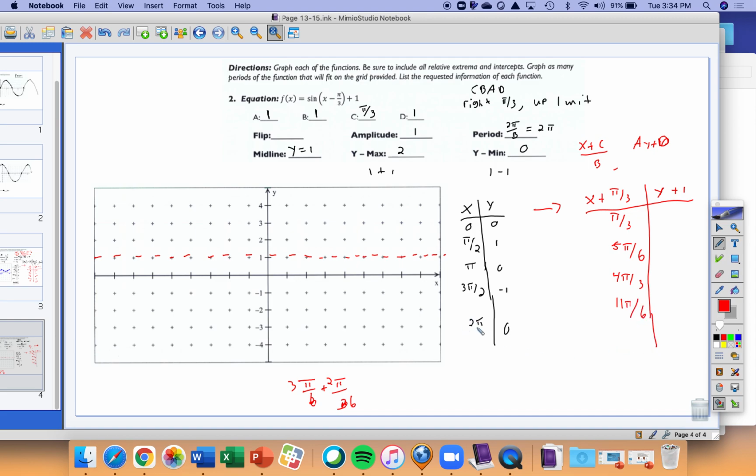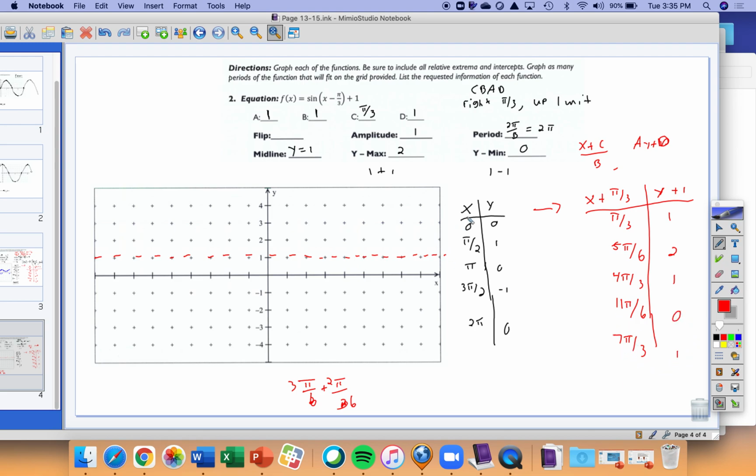And then 2 pi plus pi over 3 becomes 7 pi over 3. Again, when I'm adding these values, I can always find a common denominator. I was doing it in my head. You might need to show your work if you're trying to figure this out by hand. And then we're going to add 1 to every y value. So 1, 2, 1, 0, 1.